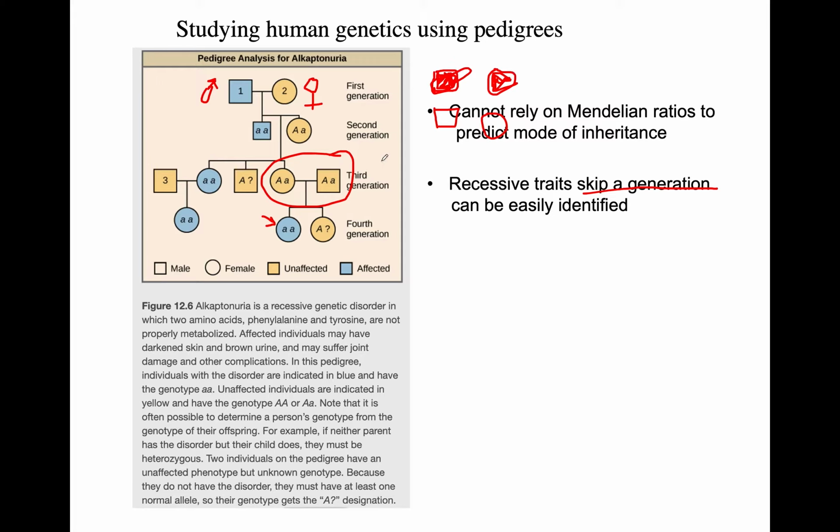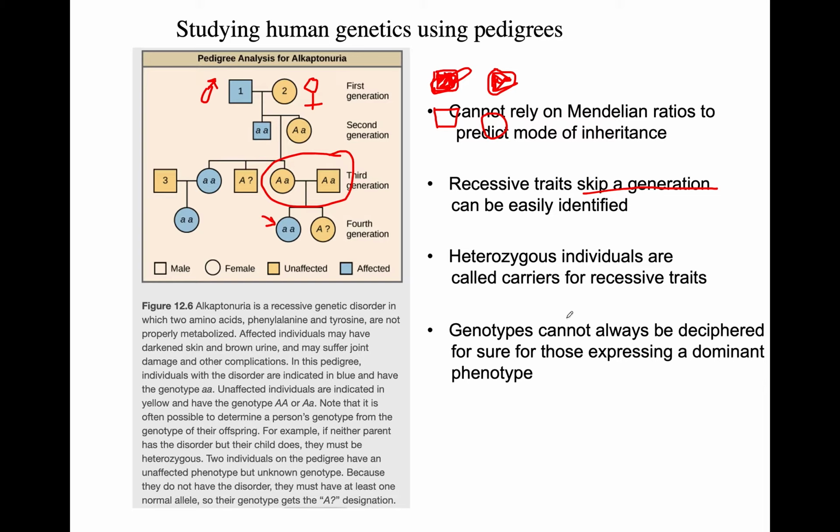When we say skips a generation, we don't mean the entire generation. Just find parents that don't express the disease, but all of a sudden they have children that do. So again, heterozygous individuals are called carriers for recessive traits. This mother and father are carriers of the allele, but they don't express it.